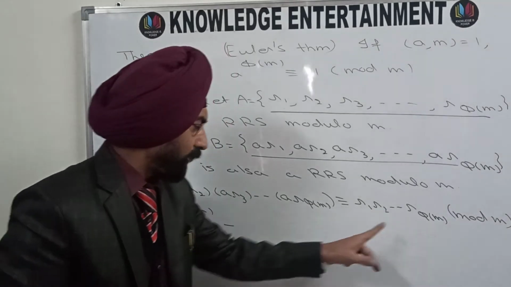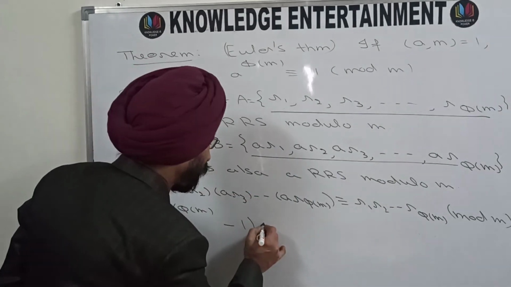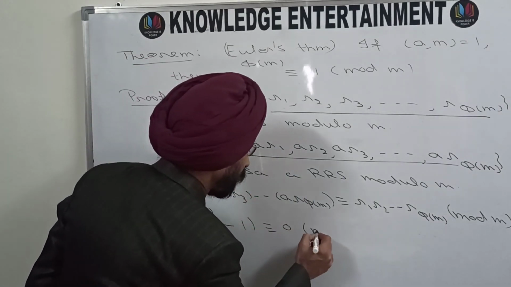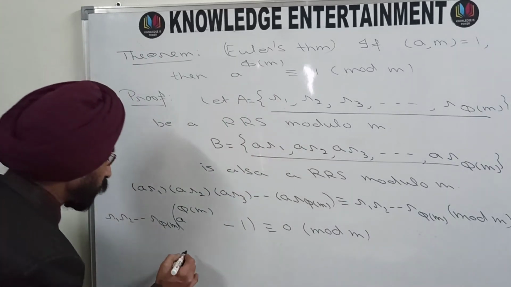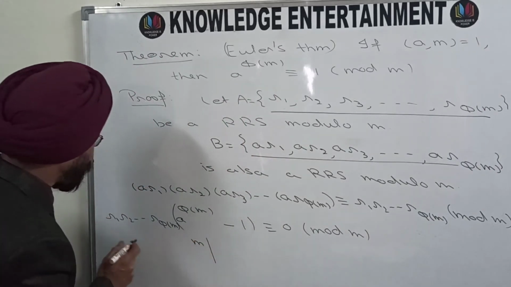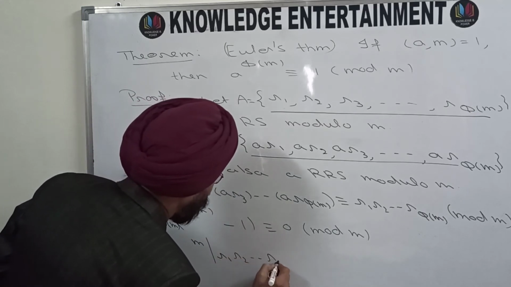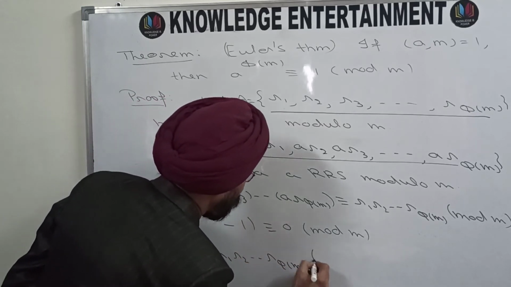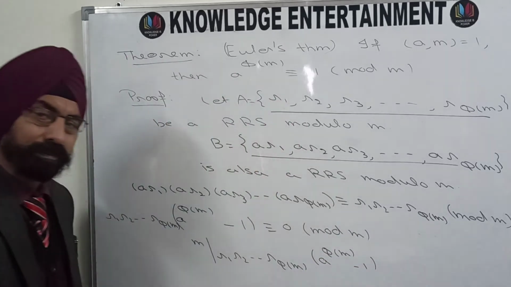And r1, r2, ..., r_φ(m) is already taken common, so you will get 1 here. And what you will be left with? 0 on the right hand side, modulo m. And this means m divides r1, r2, ..., r_φ(m) multiplied by a to the power φ(m) minus 1.